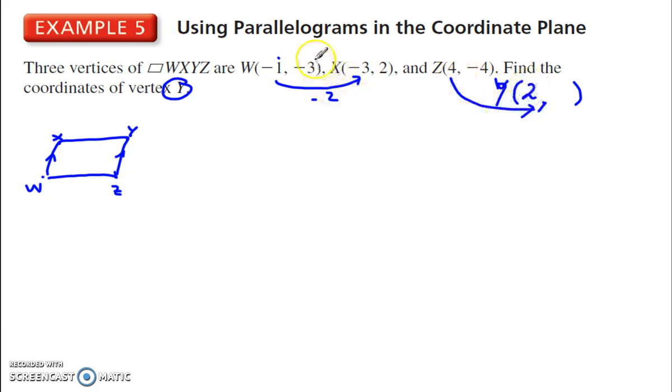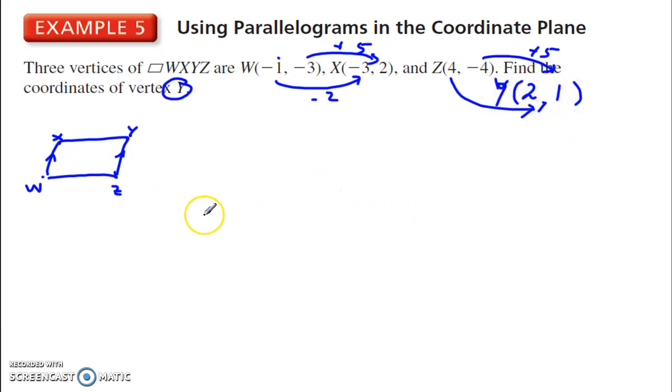That puts me at 2. And then from the Y's, from -3 to get to 2, I have to add 5. So from -4 to get to this Y, I add 5, and that puts me at 1. So Y is 2 and 1.